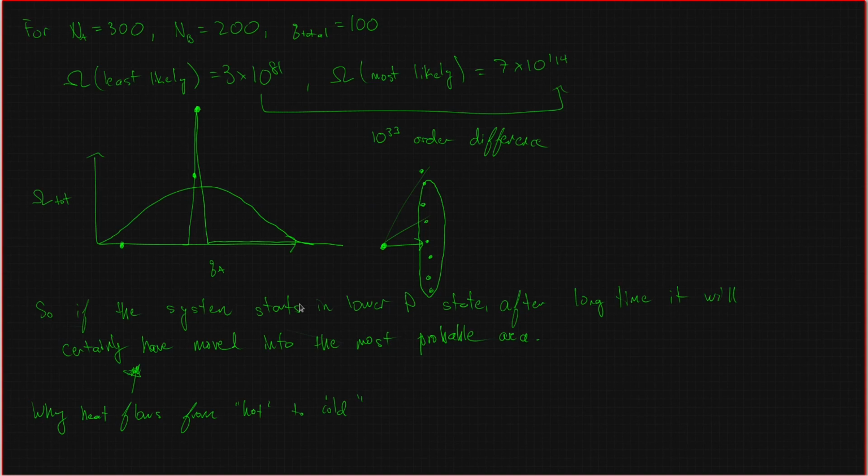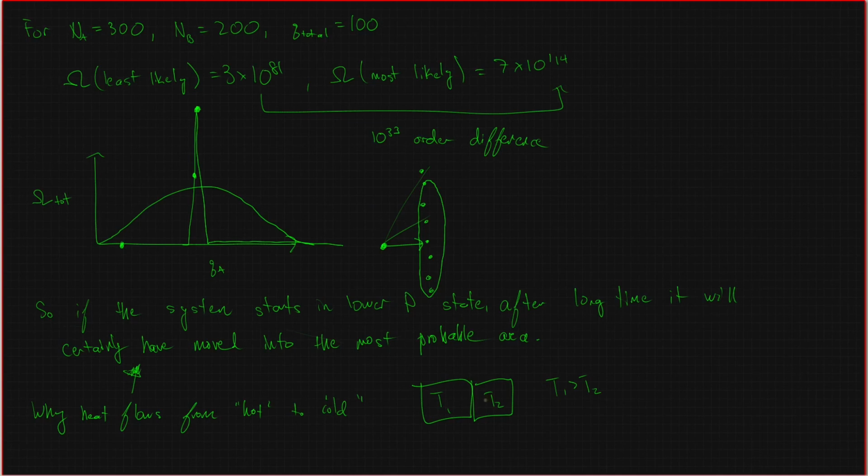If you take the air in a room, for example, let's take a box that is T1 and a box that is T2, and let's say T1 is greater than T2. So this box is hot, this box is cold. We're trying to answer the question: why is a hotter state more probable?